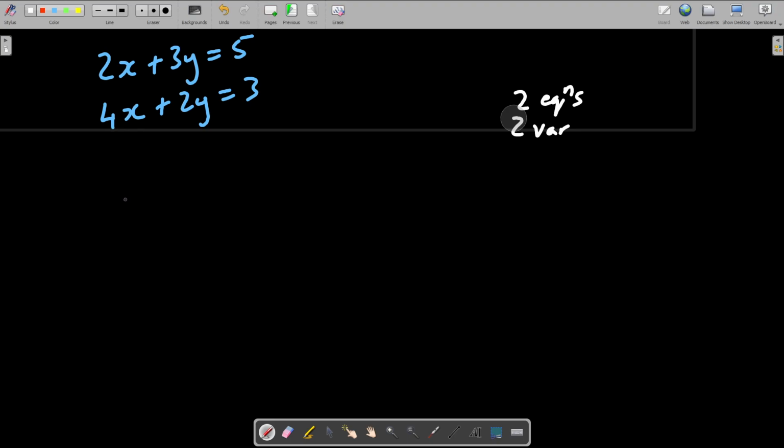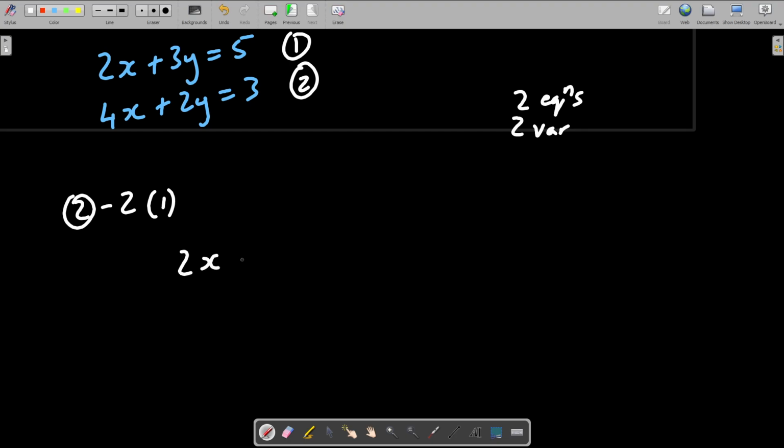So what will I have to do? I'll call this equation 1 and this equation 2. So you do equation 2 minus 2 times equation 1. What will that leave you with?